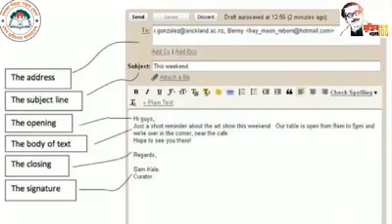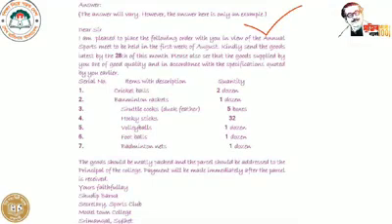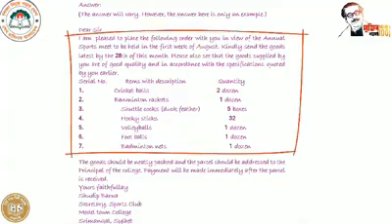Here is an example of an email. You must follow the rules. At first, write the address of the recipient, then mention the subject, and then write the main body of the mail. While writing the main body of your email, just follow this instruction. At first, you should write the opening or salutation, then the body of the text.